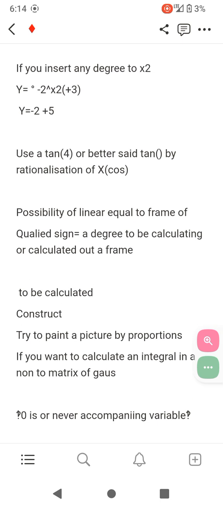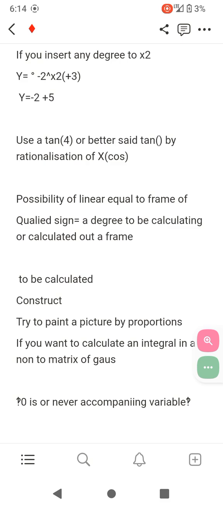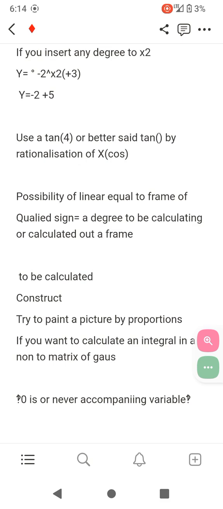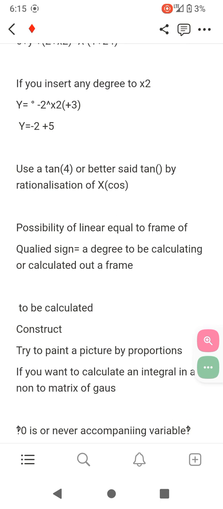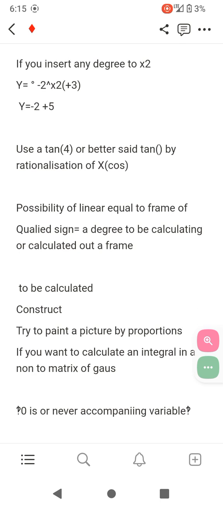So if you want to construct a lantern, the candle will, even in what is of angle, or better said, if you want to construct a lantern, the top of the, we want to construct a lantern.